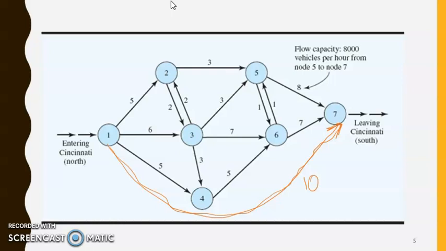That's a logical question. So they must have an approximation, an estimation of the flow load of cars between 1 and 7. So they come here and calculate the flow capacity between 1 and 7.